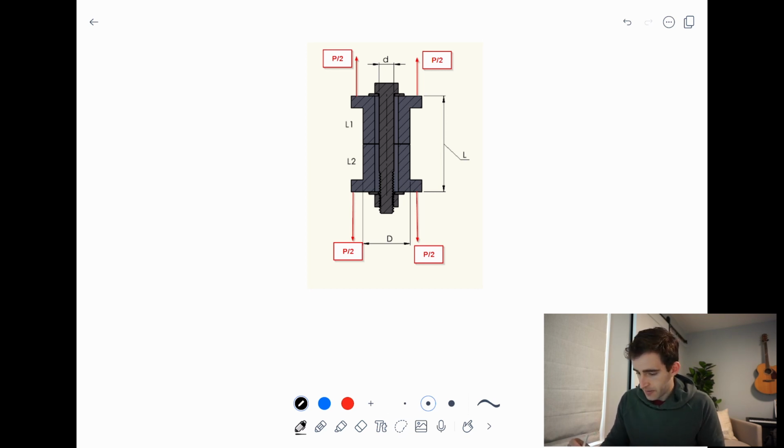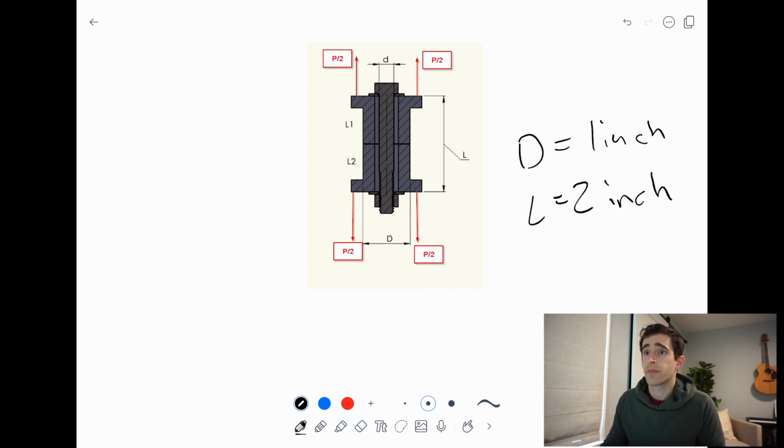In this case, D equals 1 inch and L equals 2 inches, and the applied load is going to be 2,000 pounds.